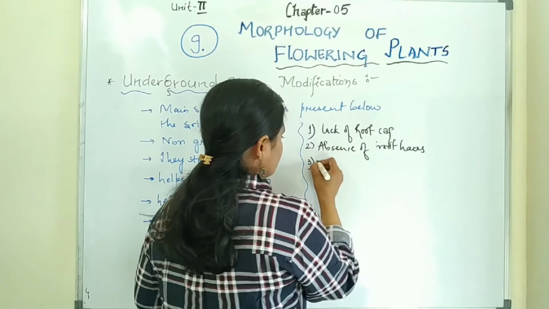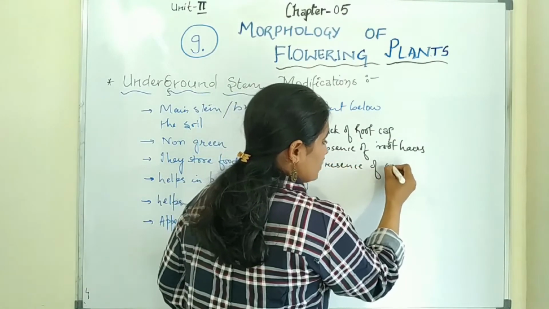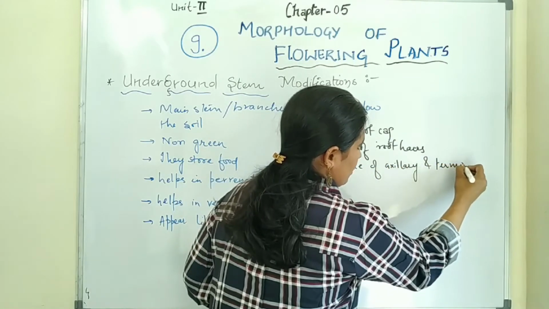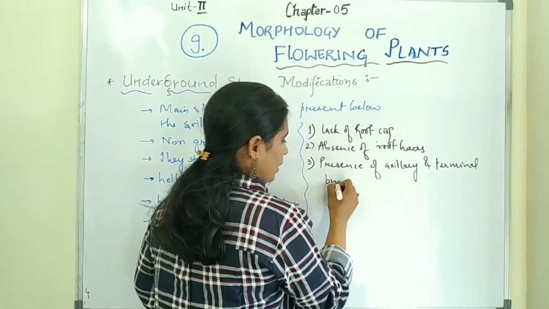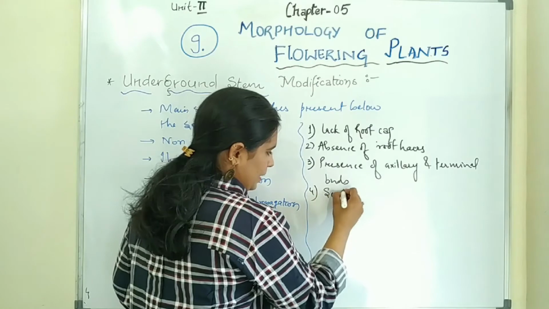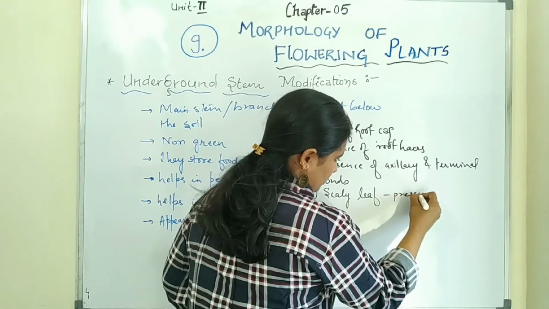Next is the presence of axillary and terminal buds. Buds will be present. Then scaly leaves will be present.